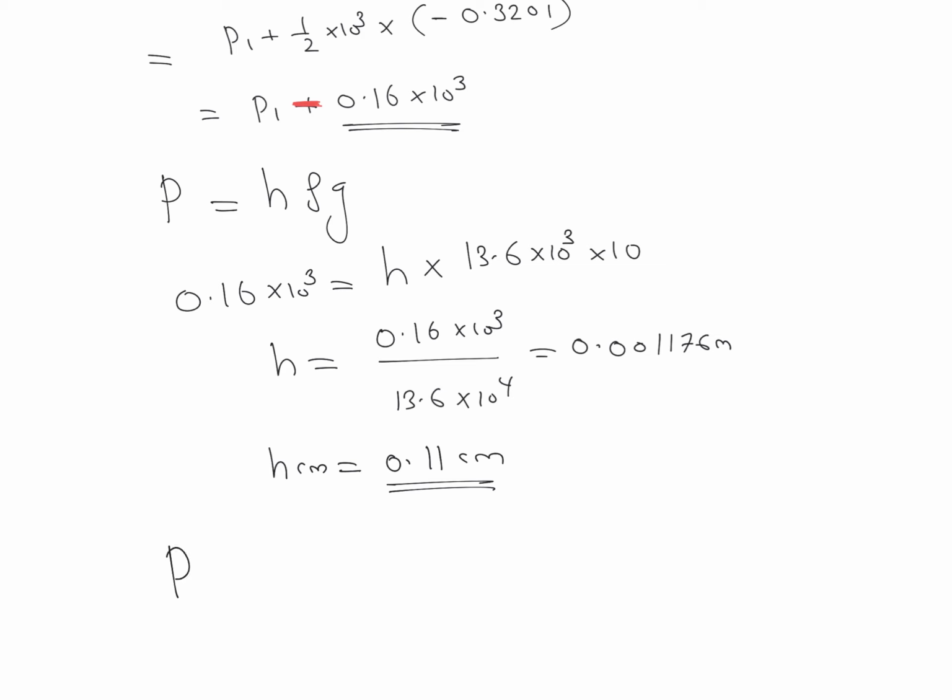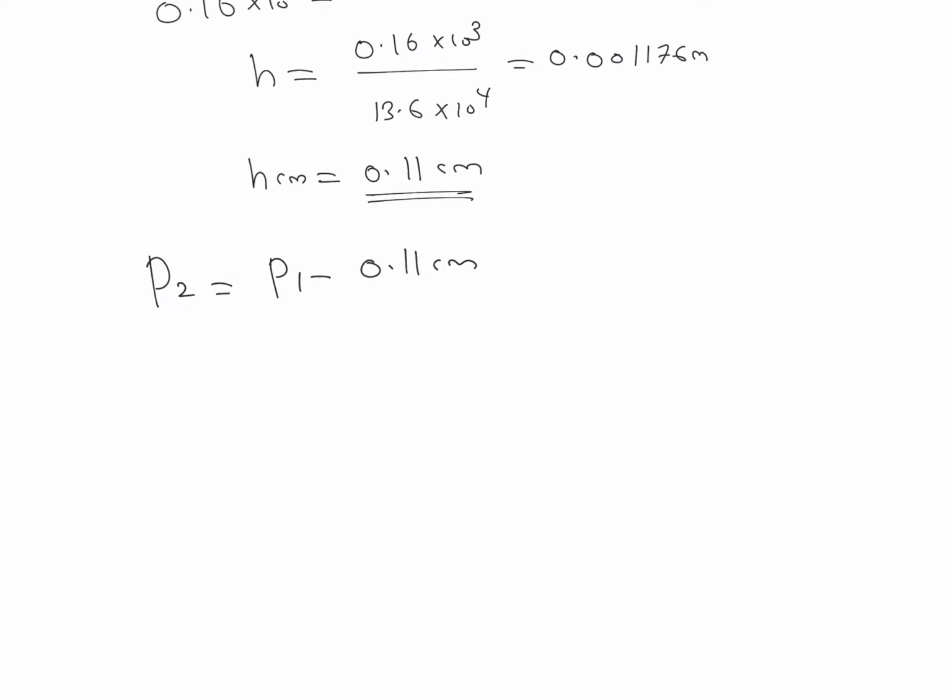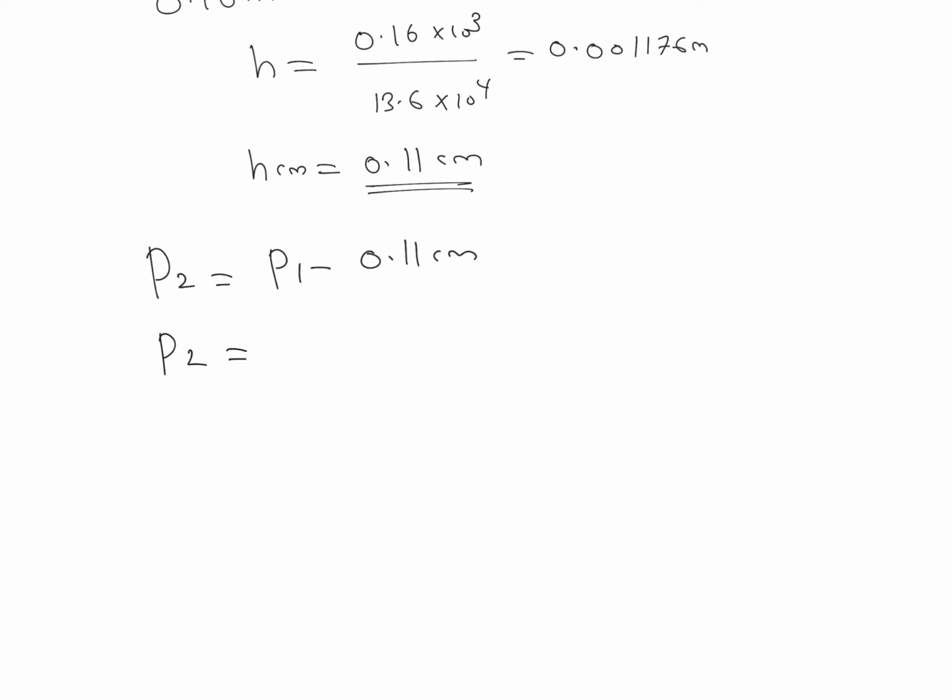The value of pressure P2 will be equal to P1 minus the pressure in centimeter of mercury, that is 0.11 centimeter of mercury. P1 is given as 2, so 2 minus 0.11 centimeter is around 1.89 centimeter, or approximately we can write 1.8.